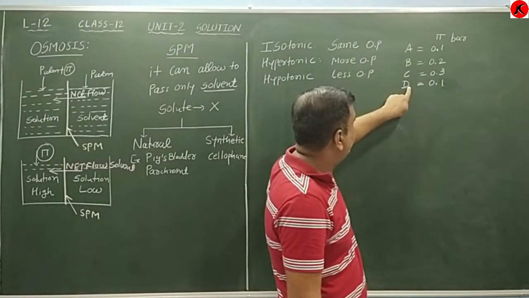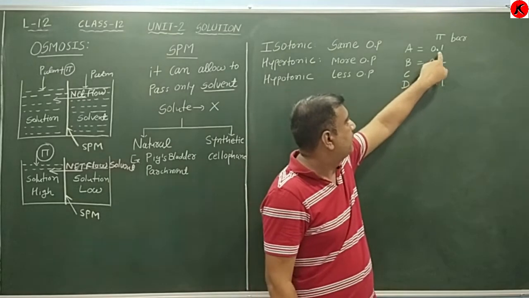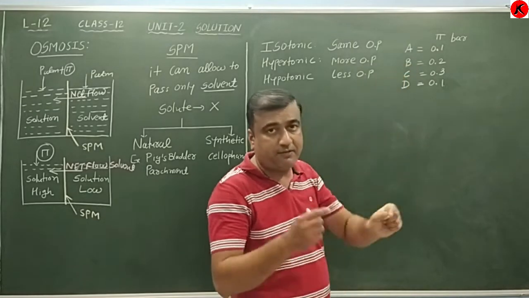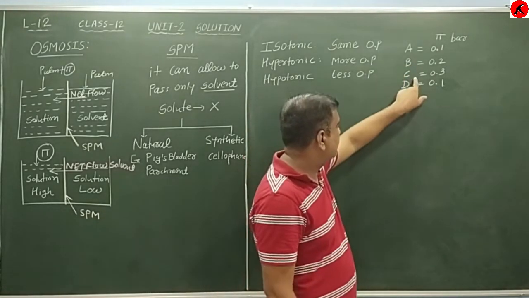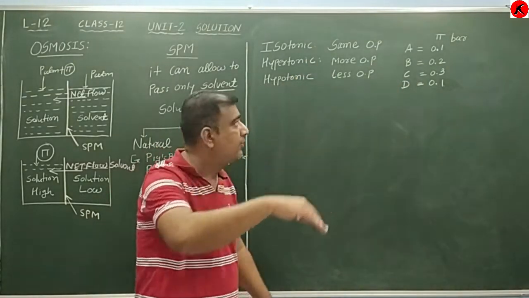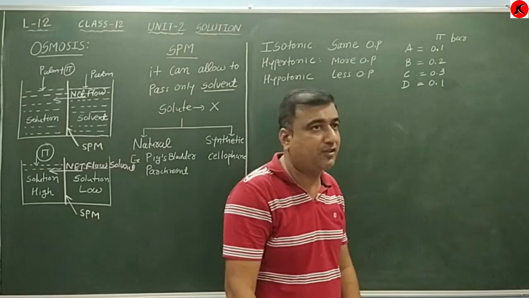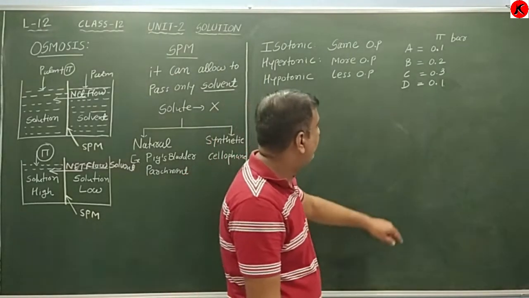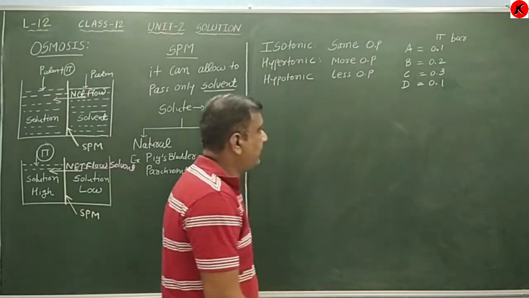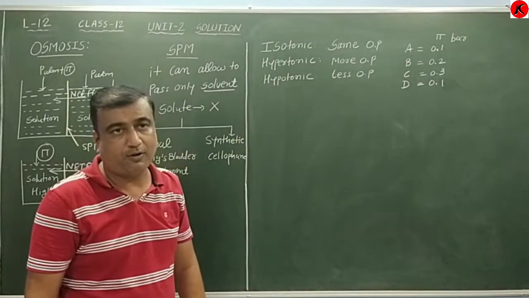That means A and B are isotonic because both have the same osmotic pressure, 0.1. Now the solution having the highest osmotic pressure is known as hypertonic compared to the other solutions. The solution having the lowest osmotic pressure, that means solution A or D, is known as hypotonic solution.